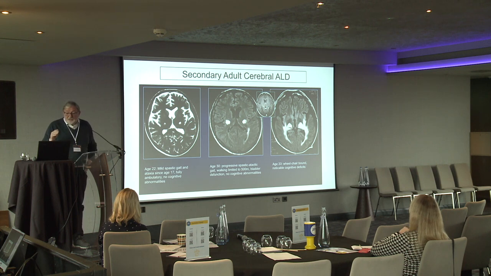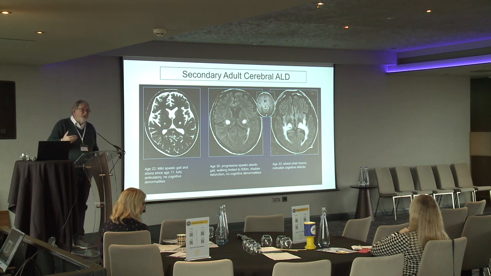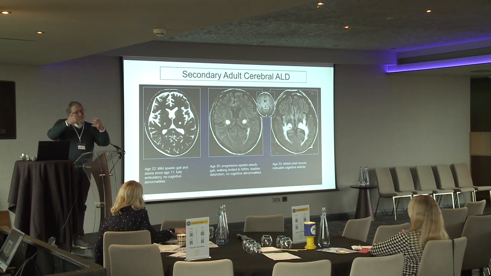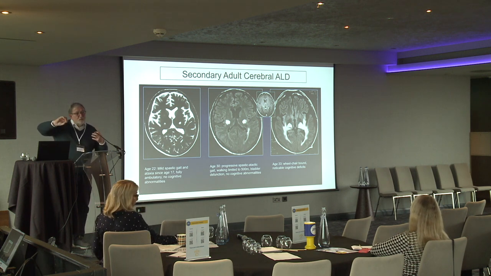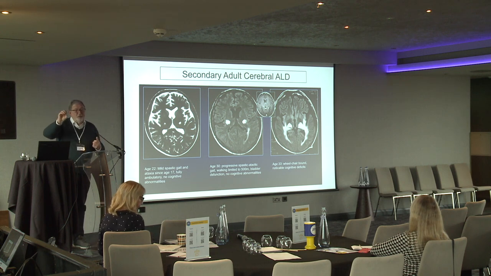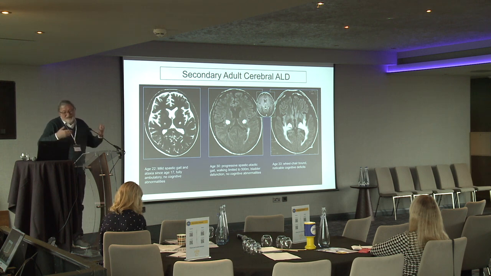Then many years later, 10 years later, he starts with an early brain involvement and contrast-enhancing brain changes that are indicating that now something has changed in the disease progression. And then the disease progression is getting much more rapid once the cerebral involvement occurs. This is what we call secondary adult cerebral ALD.